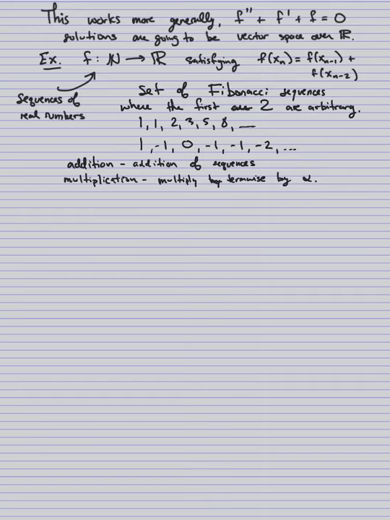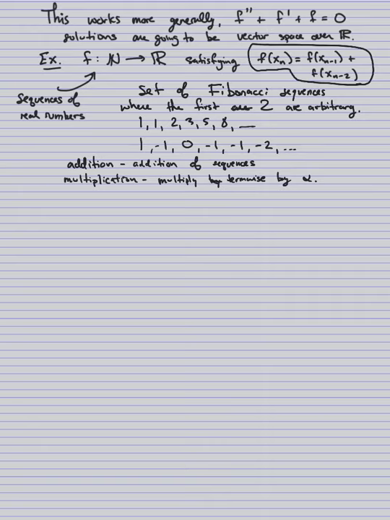And so the important thing to check is that if you add two sequences which satisfy this relation, you'll get a sequence which satisfies this relation. So adding two Fibonacci sequences gives you a Fibonacci sequence. Multiplying a Fibonacci sequence by a real number for every term spits out another Fibonacci sequence.